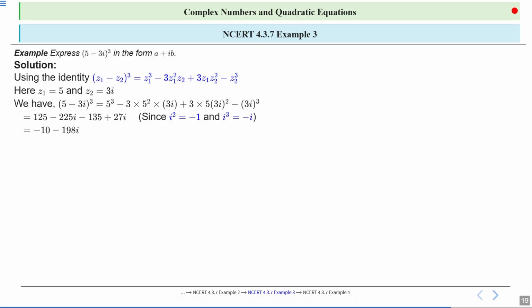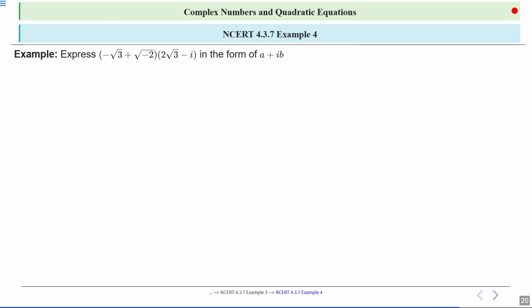So the simplified result is minus 10 minus 198 times iota. Therefore, 5 minus 3 times iota whole cube equals minus 10 minus 198 times iota. So I hope this example is clear to all of you.